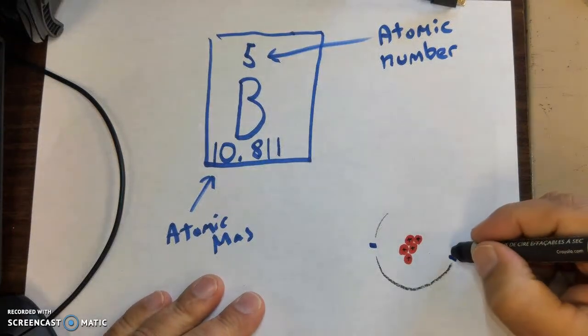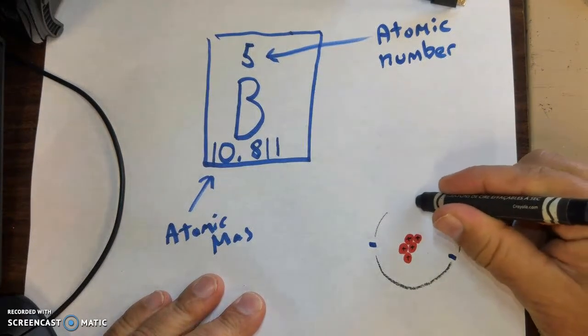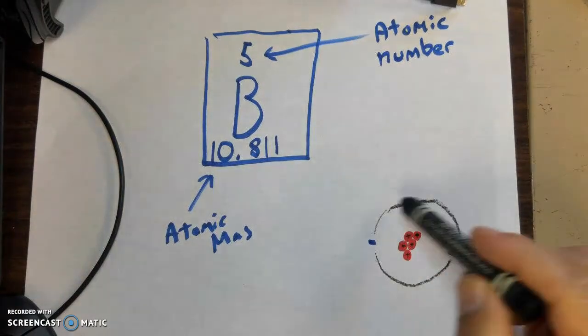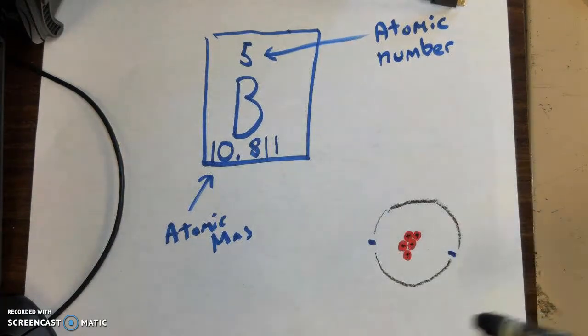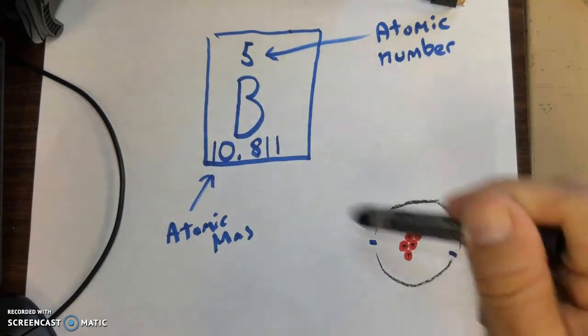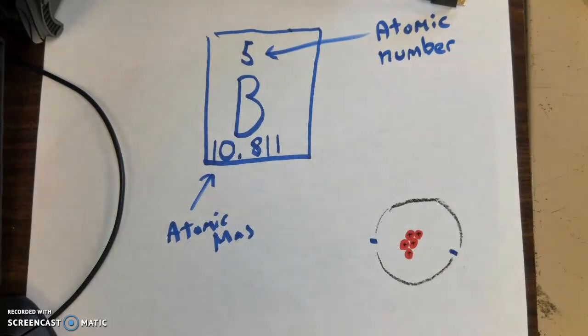When I draw it like this, it really doesn't show how electrons truly orbit. It makes it look like they're going whoo, whoo, whoo around, but really it'd be like a ball. They're spinning all over the place, like an airplane propeller, so fast they could never be seen.